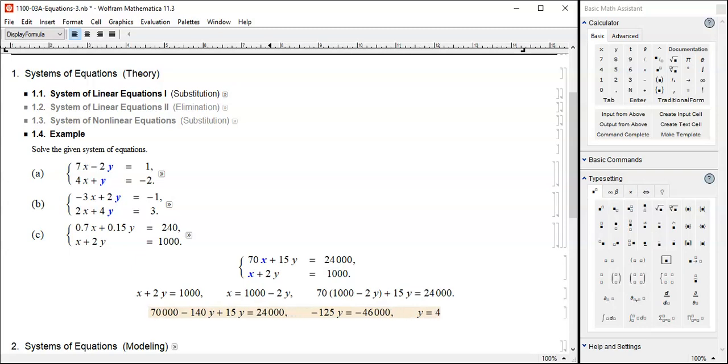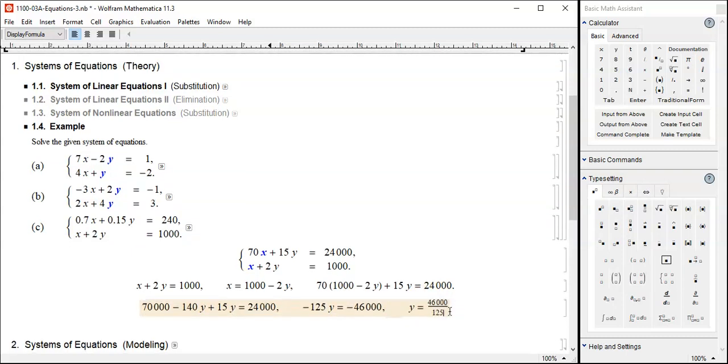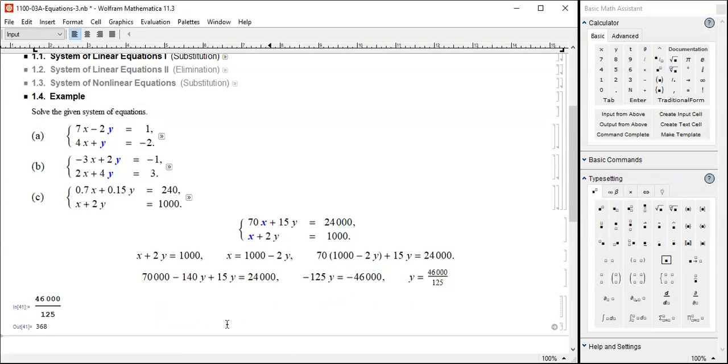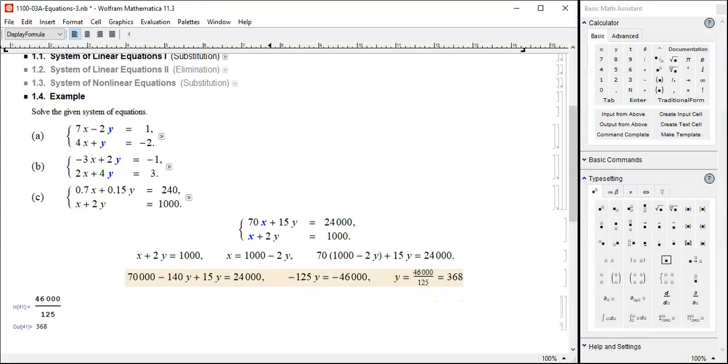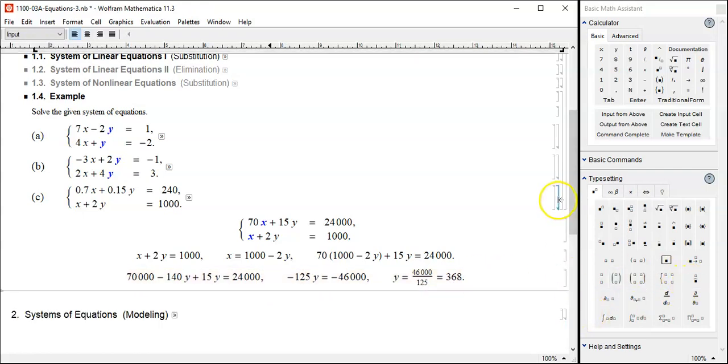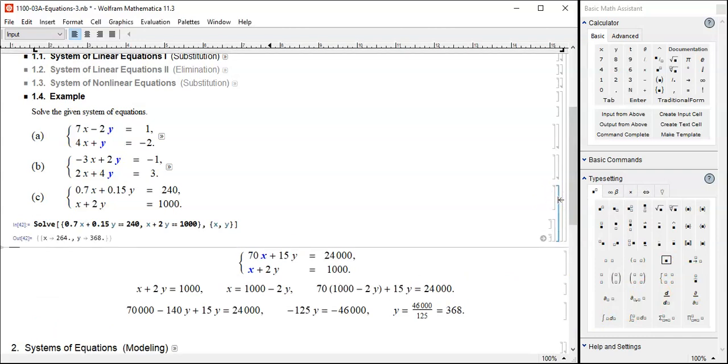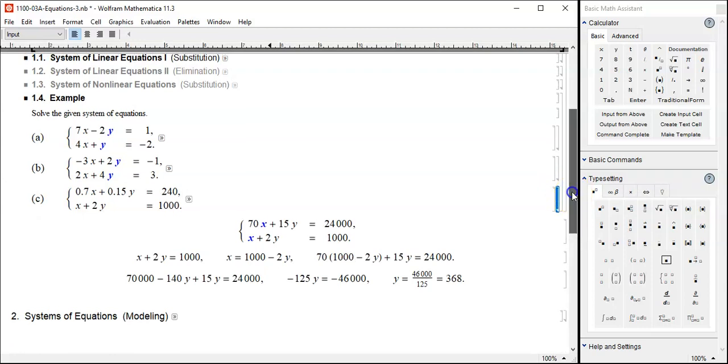So y is 46,000 over 125. Let's use a calculator. What do you get? 368. Are we supposed to have 368? Okay, y is supposed to be 368, so it looks like everything is good.